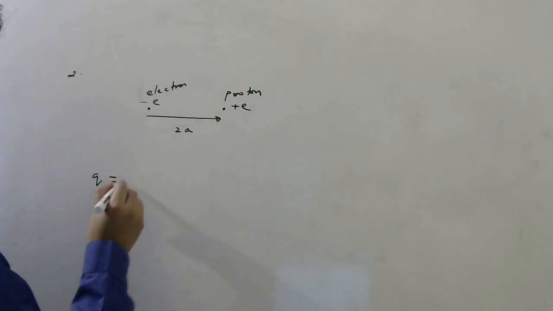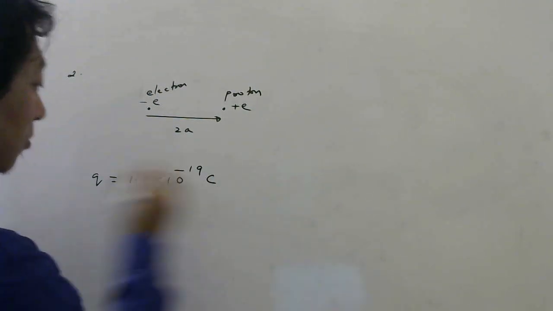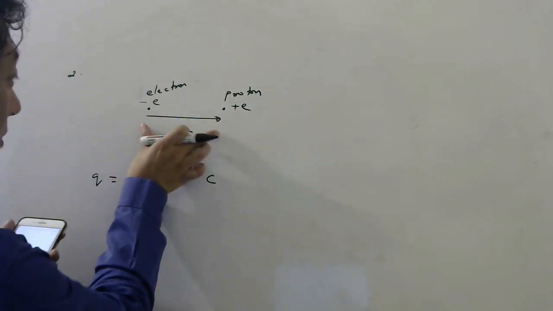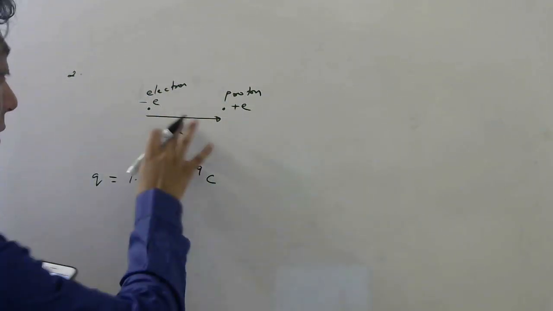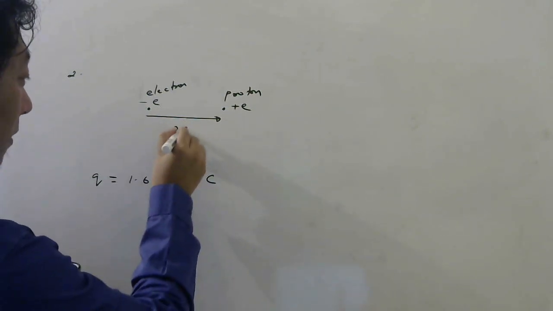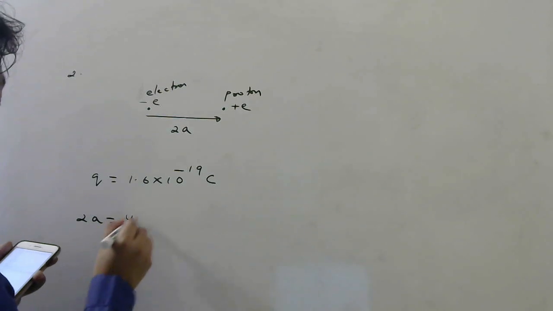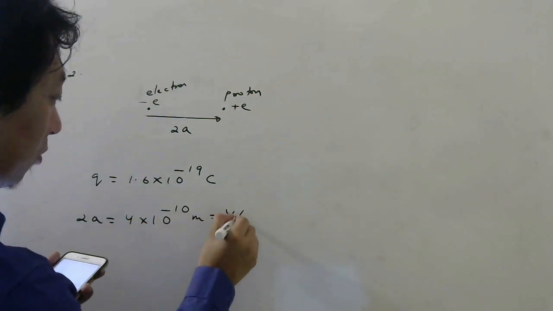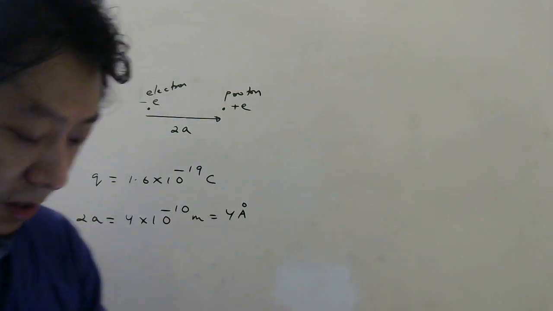So magnitude of the charge will be 1.6 into 10 power minus 19 coulomb. Distance between the charges they have given as 4 into 10 power minus 10 meter, which is actually 4 angstrom. 1 angstrom is 10 to the power minus 10 meter.